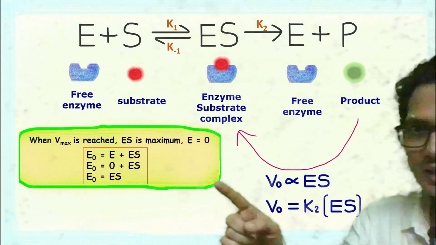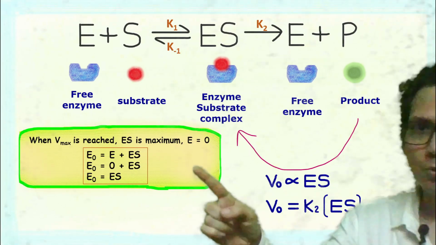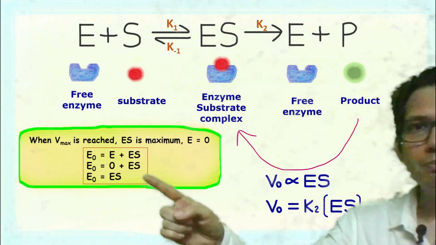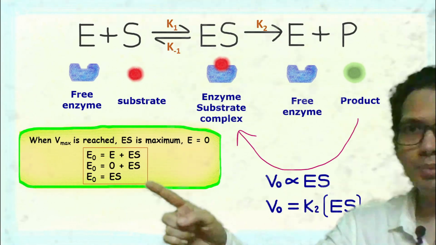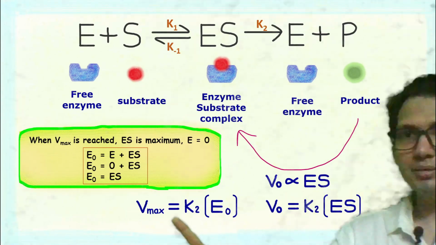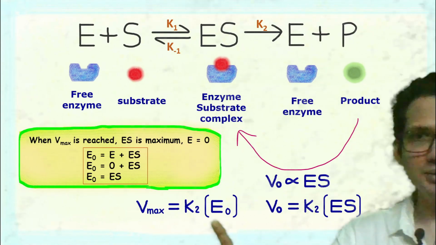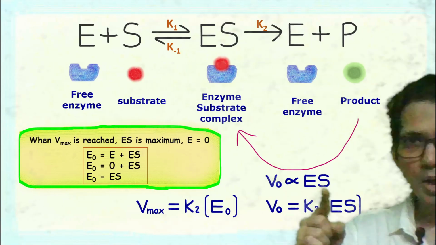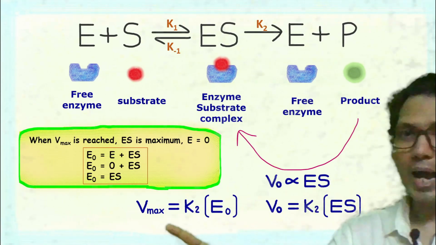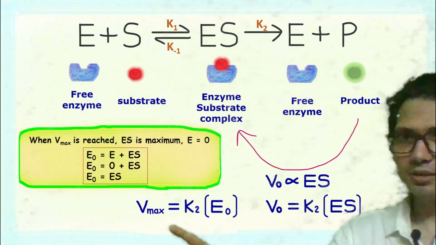Then we have also seen this scenario that when Vmax is reached, the total enzyme E0 becomes equal to ES complex. So Vmax is equal to K2 into E0. This equation over here has been modified to this when Vmax is reached.